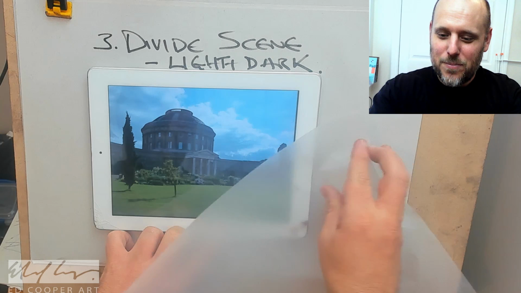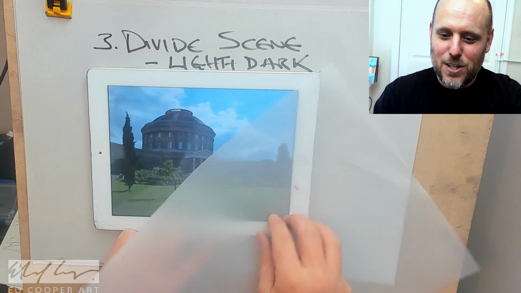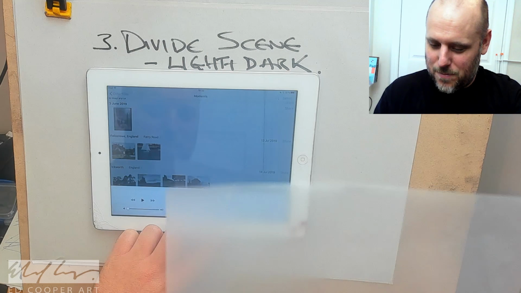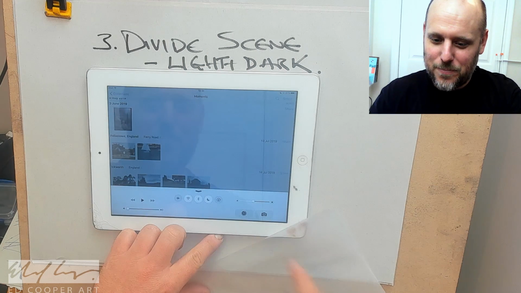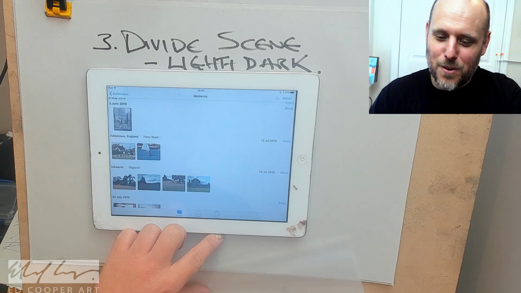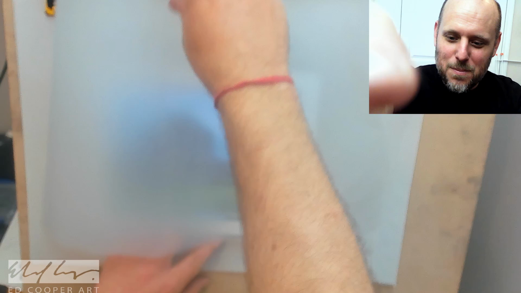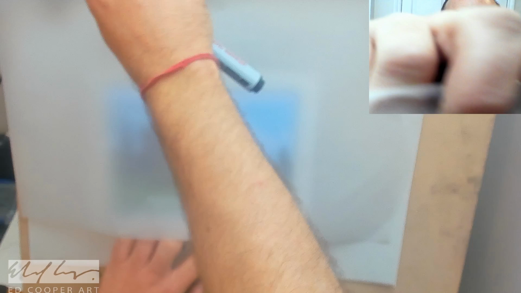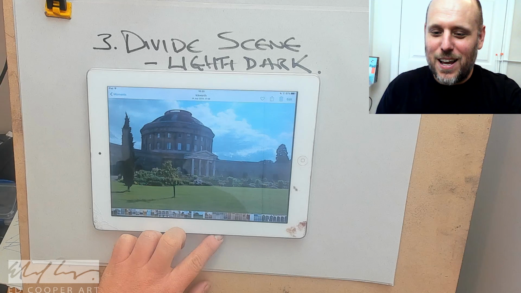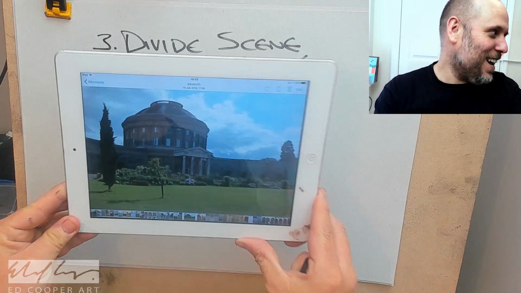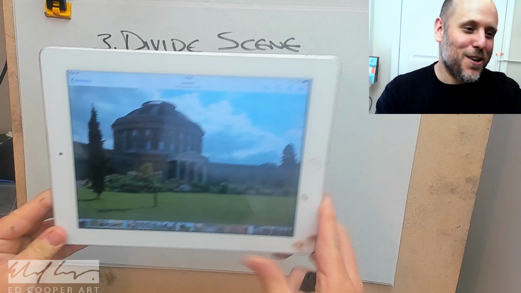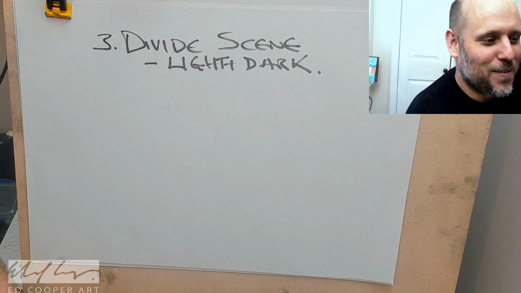Now this is the challenge. I'm trying to get it so you can see what I'm up to. But if I put some, I'll tell you what, you can have a good look at it there. That's the view, right? So I'm going to have to move it out of shot now.